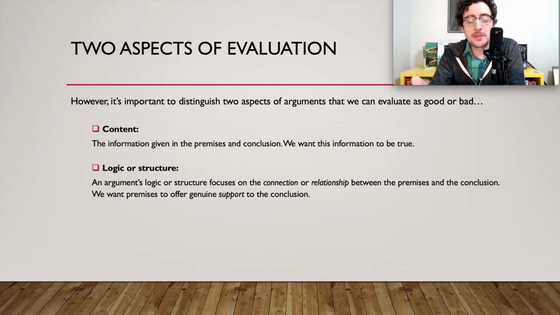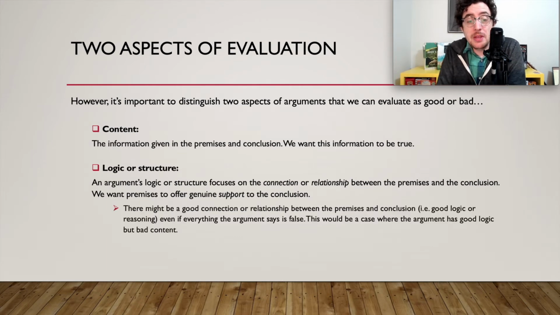We want premises to offer genuine support to the conclusion. Remember, the definition of an argument is one where the premises supposedly, or aim to, or try to give support to the conclusion. But premises might try to support the conclusion, but fail to. So we want a good argument to have good logic, where its premises really do support the conclusion.